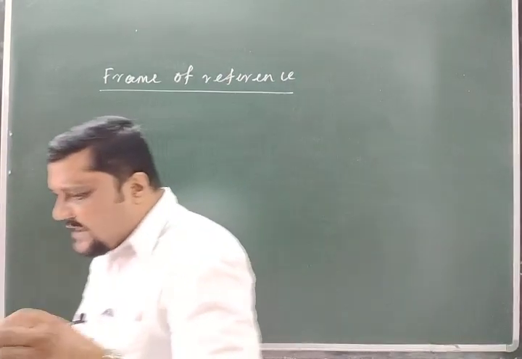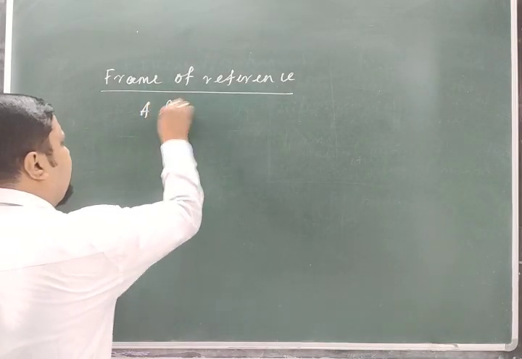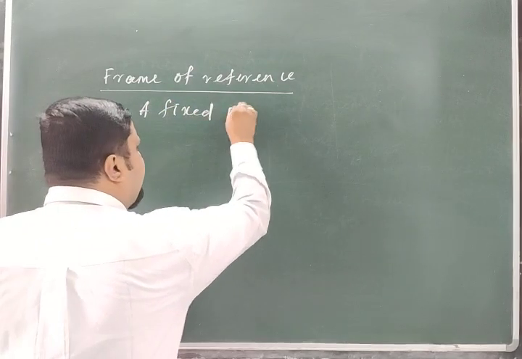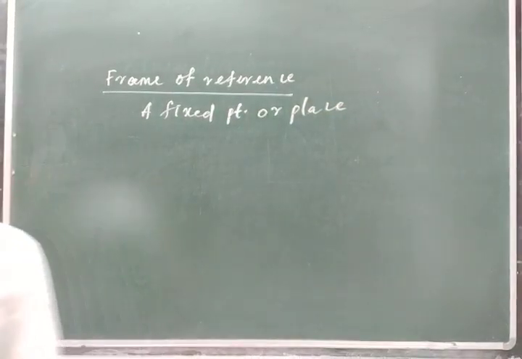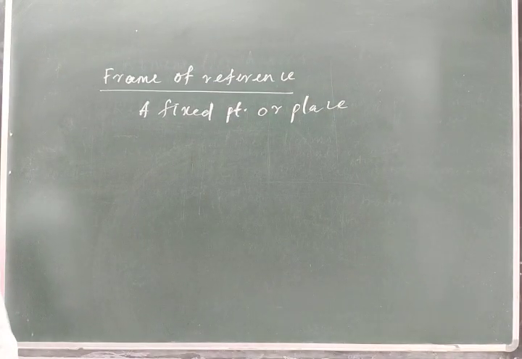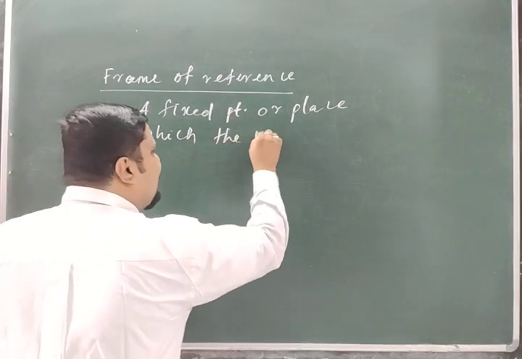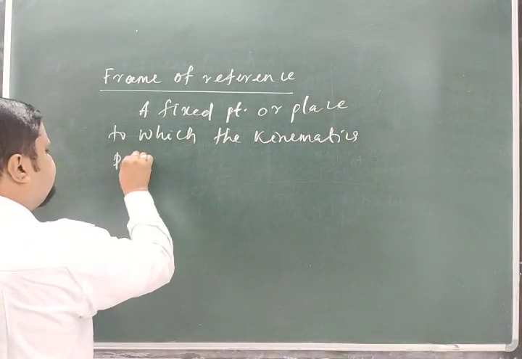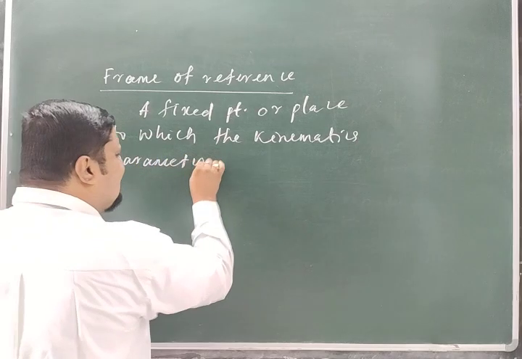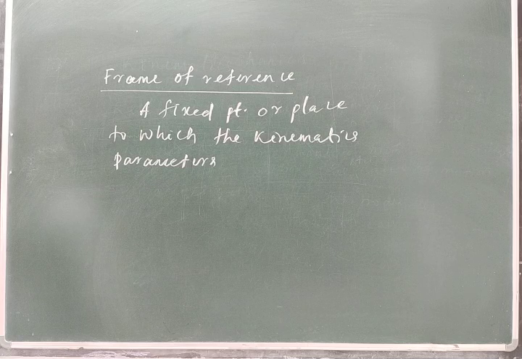So the frame of reference, we can say, is a fixed point or place to which the kinematics parameters of a body are measured. Kinematics parameters means the physical quantities: velocity, speed, acceleration, position, distance, displacement.